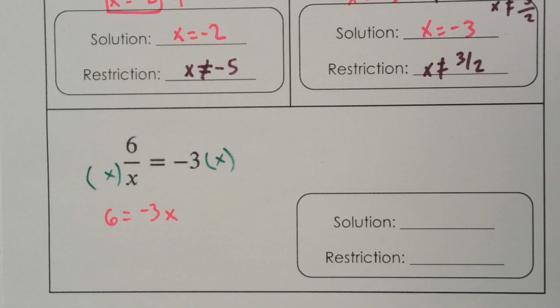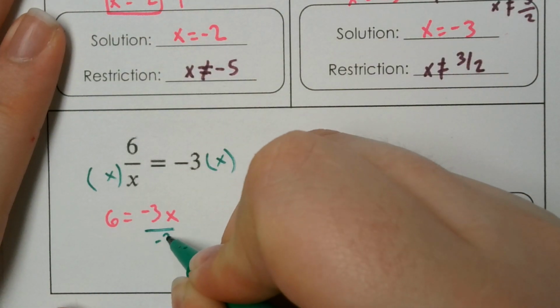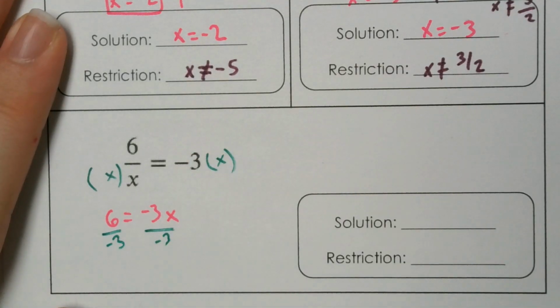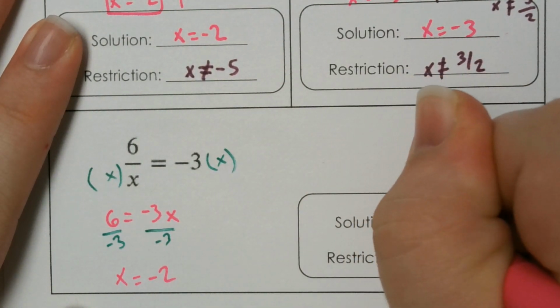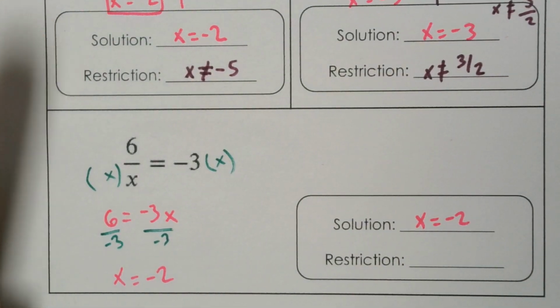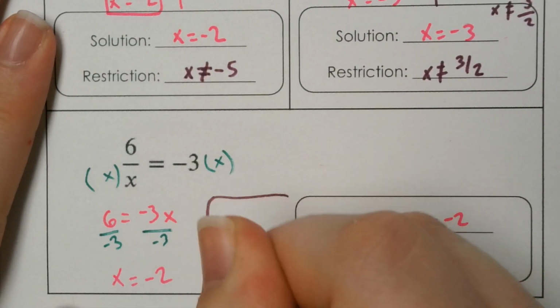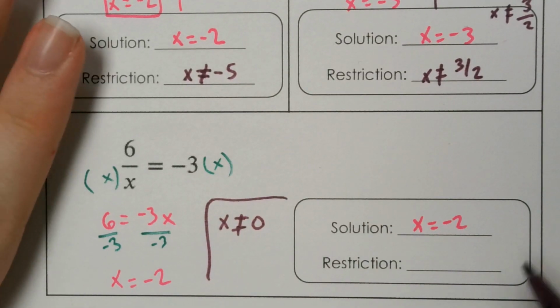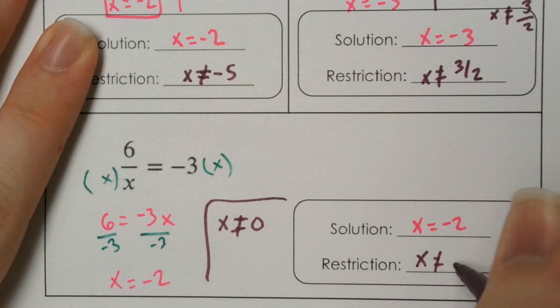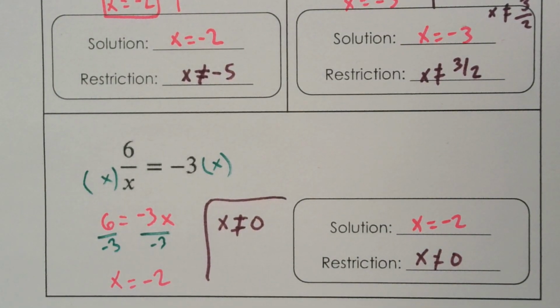And we only have to divide by the negative 3 on this one. And we get x equals negative 2. Good. And then our restriction, we would set x not equal to 0. So that's our restriction. x cannot equal 0. It's already by itself.